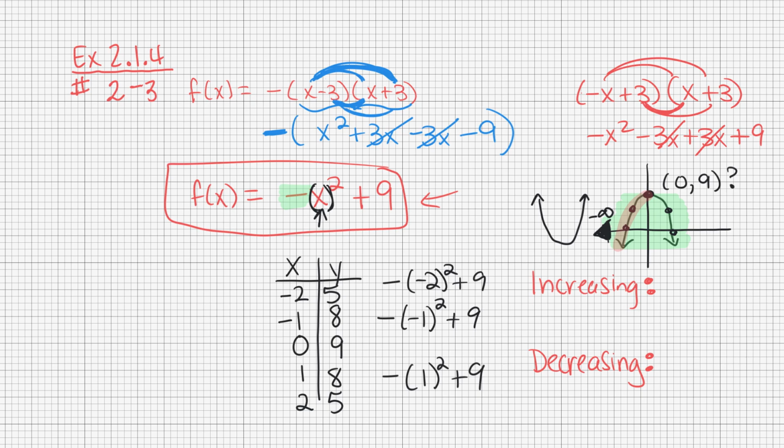Good. Negative infinity to 0. And we're going to put parentheses around both. What's the decreasing interval going to be then? 0 to infinity. Positive. Yeah, you got it. Good job.